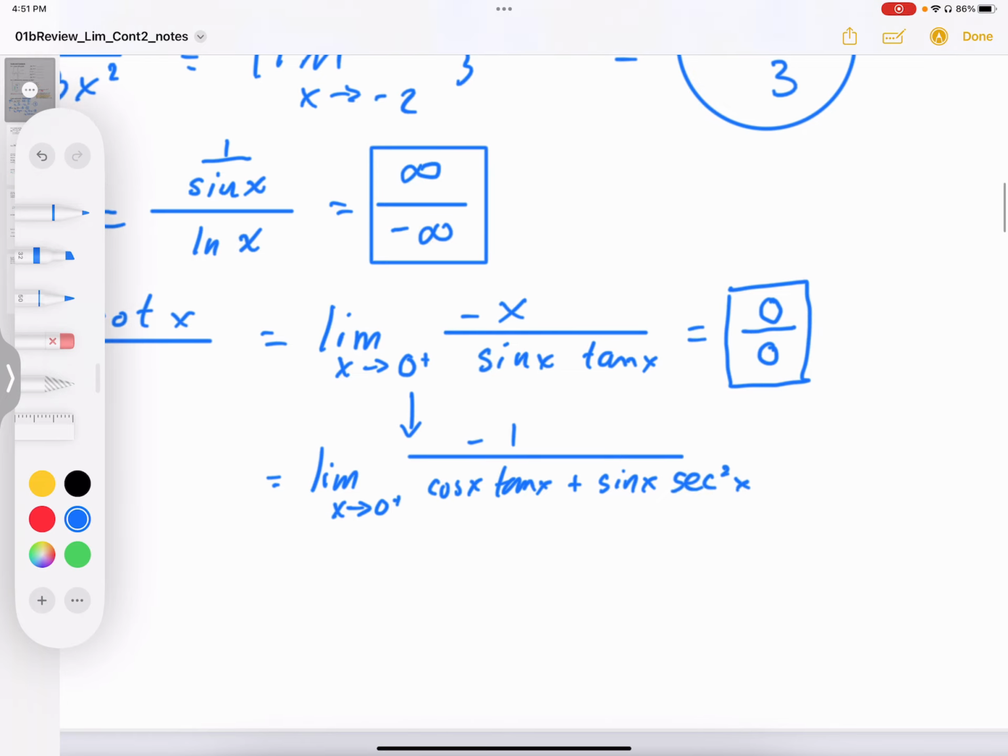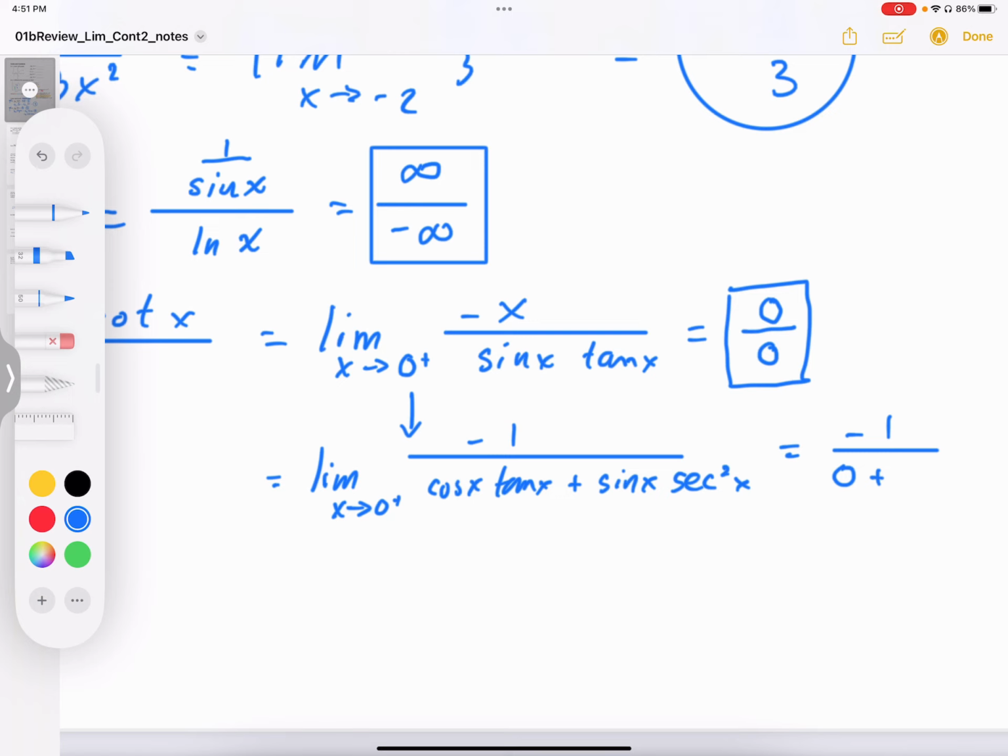Evaluating this becomes -1 over cosine of 0, which is 1, times tan of 0, which is 0, plus the sine of 0, which is 0, times secant, which is 1.